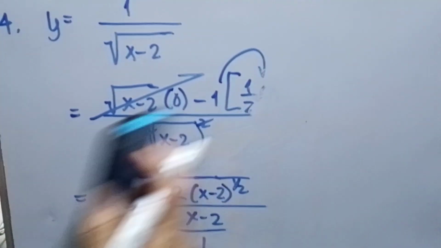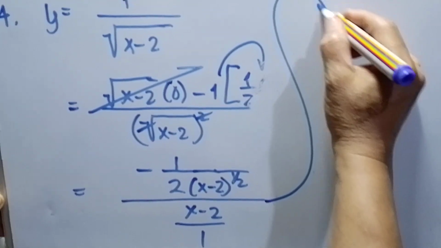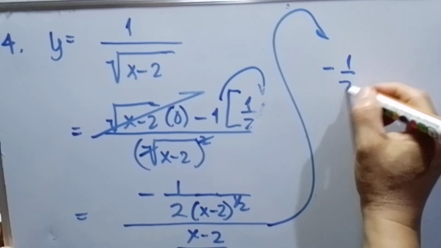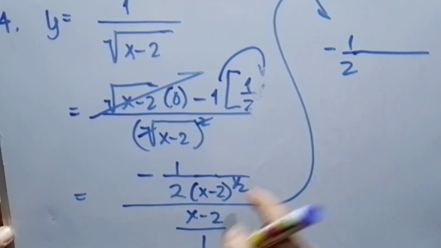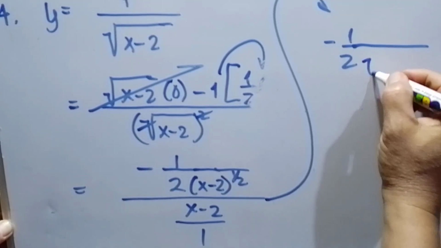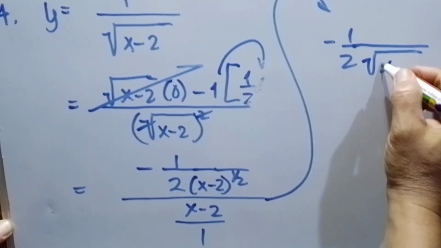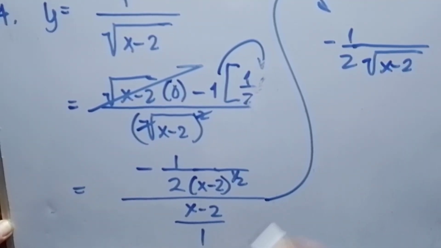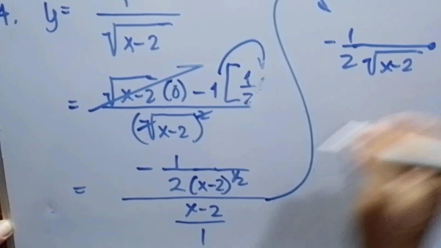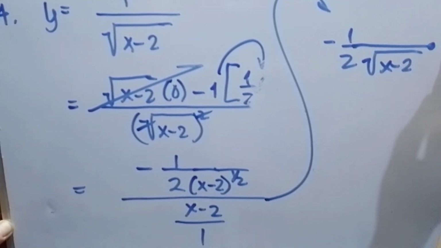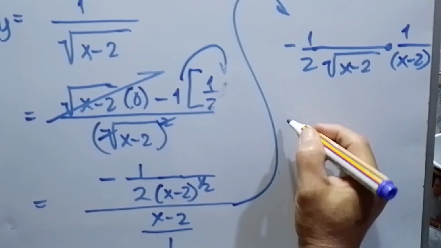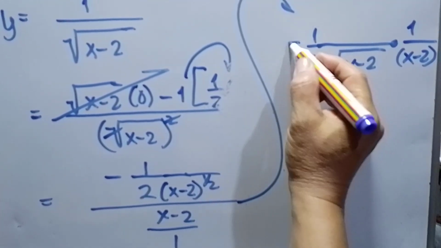So this will be negative half. Then this exponential, I will write in radical form. This will be x minus 2 times the reciprocal, 1 over x minus 2. Take note, this is negative.